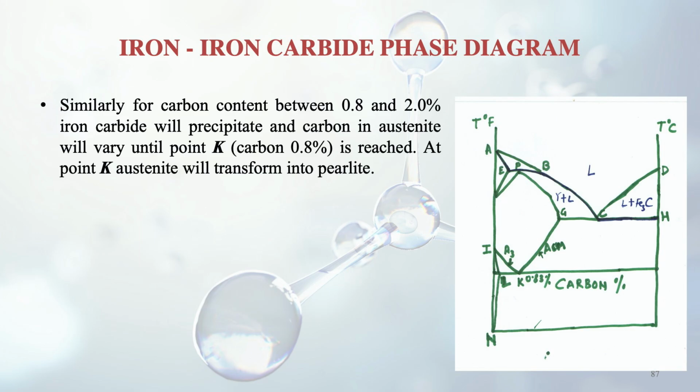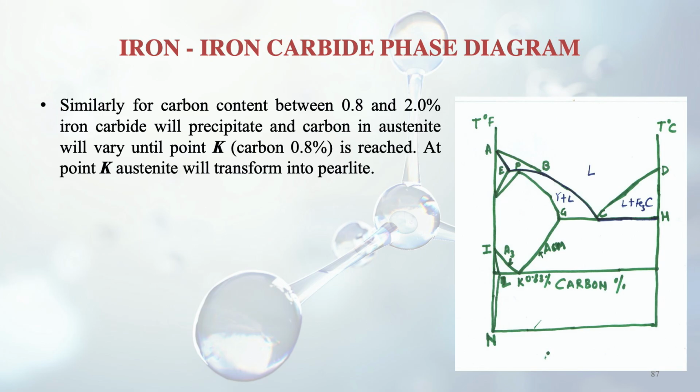At point K, austenite will transform into pearlite. You can see here the 0.8 and the 2% range, meaning between the point G and the point K, this variation takes place. When we move from point G to point K, the temperature is going down. You can see the cooling is taking place and the carbon percentage is also going down.